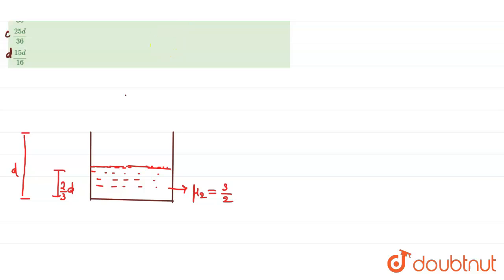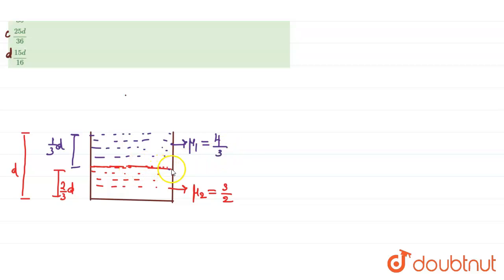On the upper surface, another liquid is filled, and this distance is 1 by 3 D, and its refractive index is mu1. Mu1 is equal to 4 by 3.